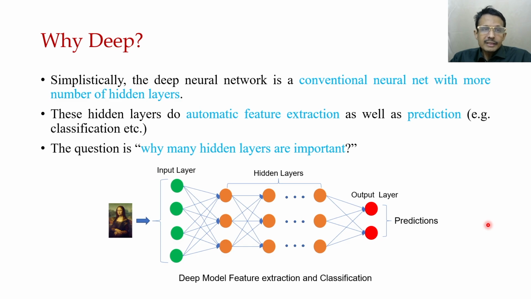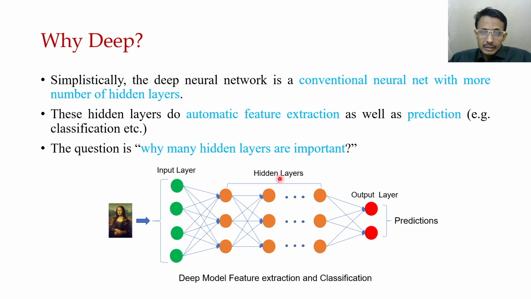Now the question is, why are deeper architectures preferable, or why do they outperform shallower nets? Very simply, a deep neural network is basically a conventional neural network with more hidden layers. As we have discussed, the initial layers do the automatic feature extraction, and the later layers do the prediction.